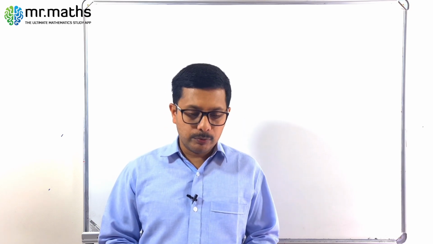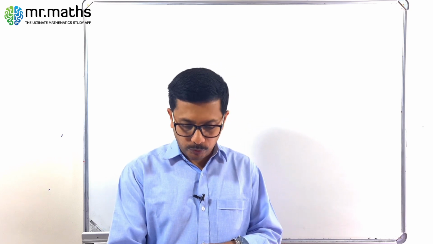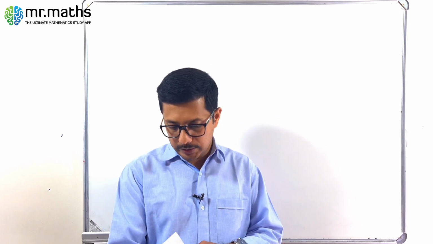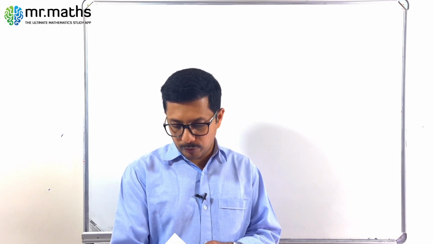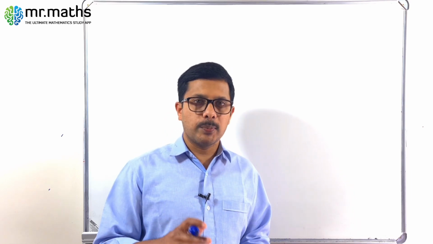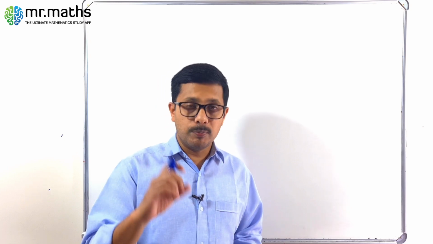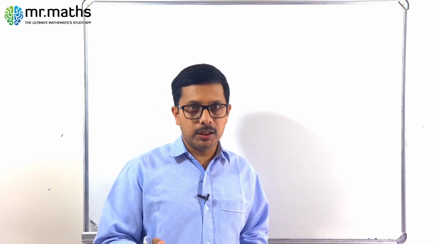February-March 2018 graphs and functions, that is question number 4, 5 and 6. So download the question paper before you watch this lesson. Then you must try to do it yourself.